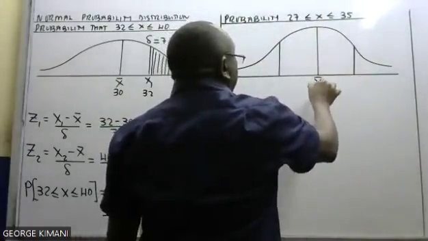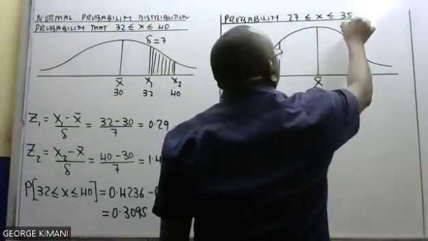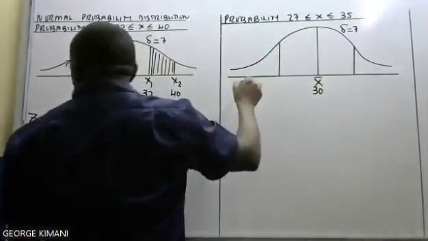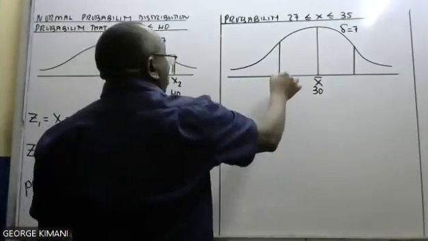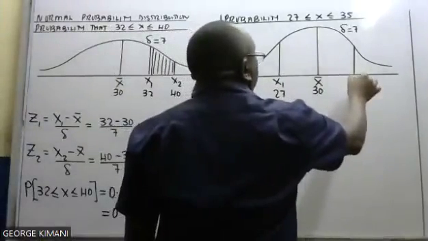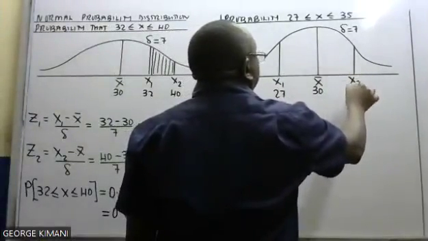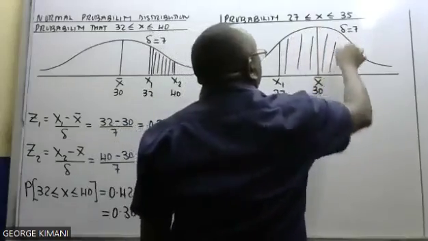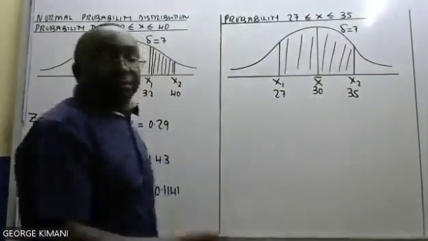X bar here is 30. Standard deviation is 7. Now this one, you call it X1 as 27. This one, you call it X2 as 35. Now we are looking for the interval there.